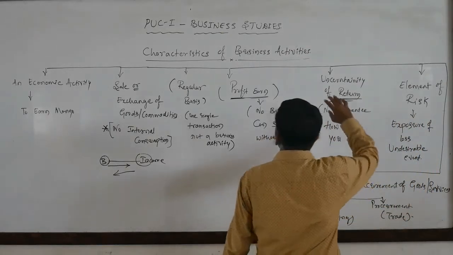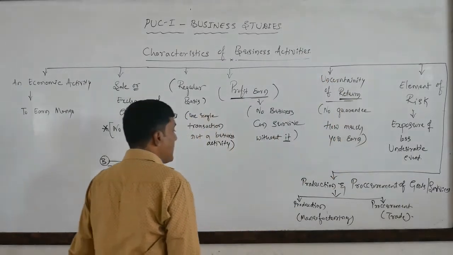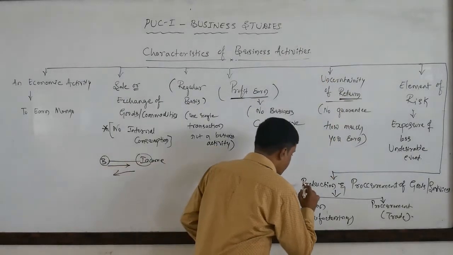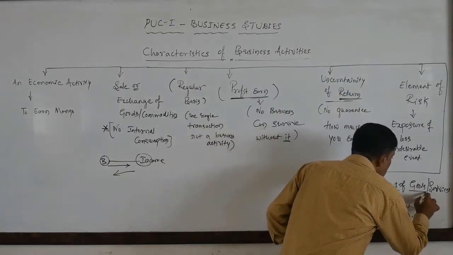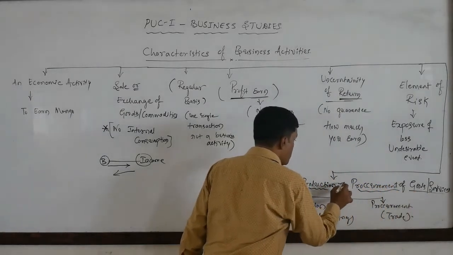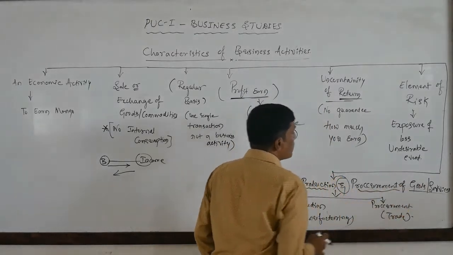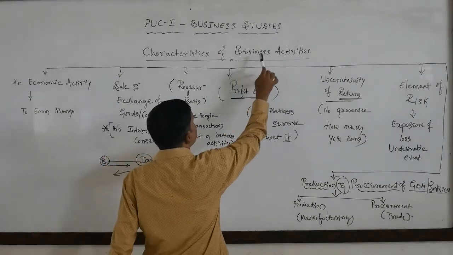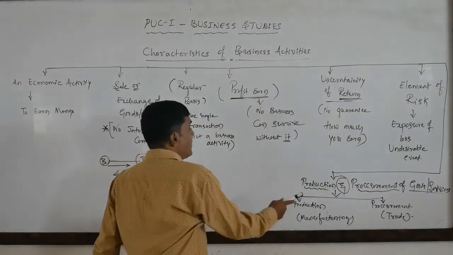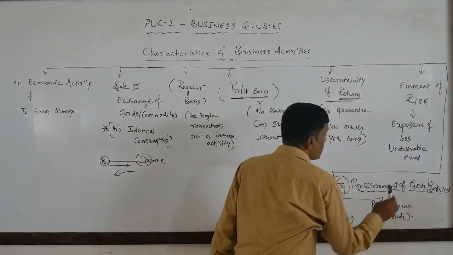So that is, dear students, the last characteristic of business activity, that is production and procurement of goods or services. Keep in mind, the term business activity includes the production and procurement of goods or services.